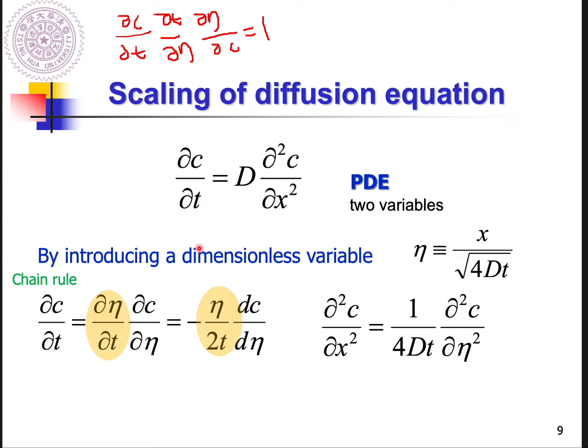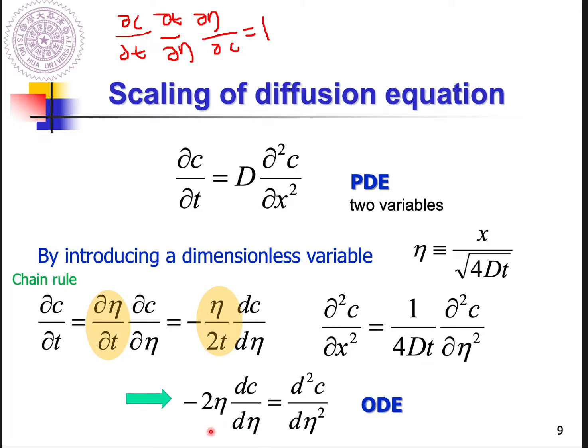So we use this term to substitute here, and this term to substitute here, and we drop this term out, so we get the ordinary differential equation, c as a function of iota. So now we only have one variable. As long as we solve this, we can get the c, right?